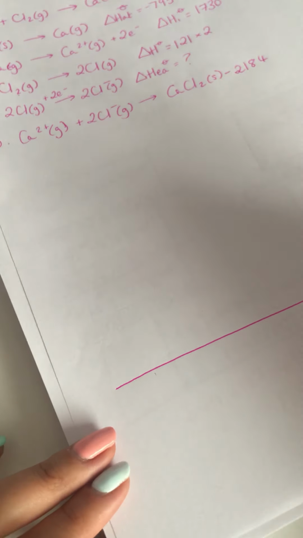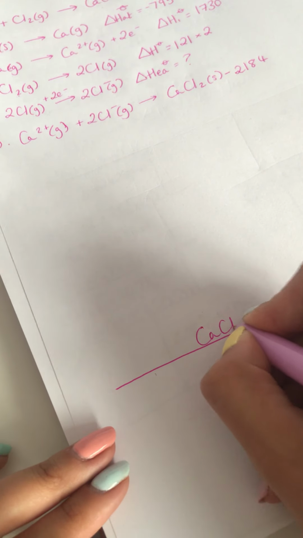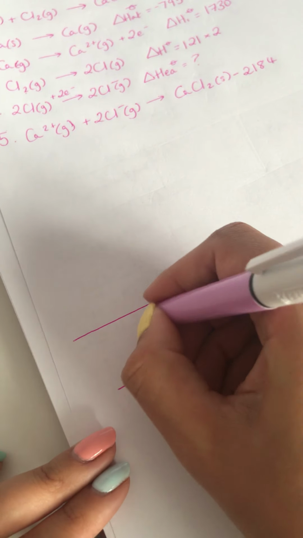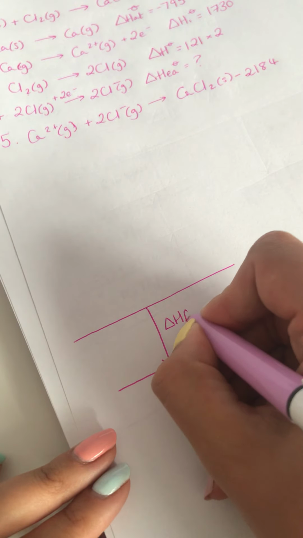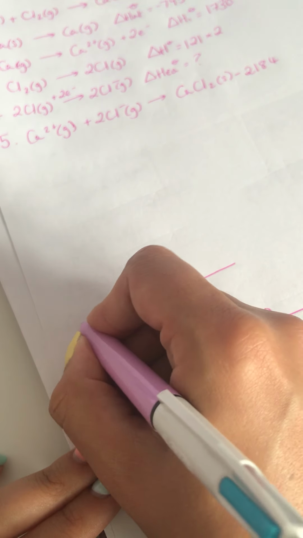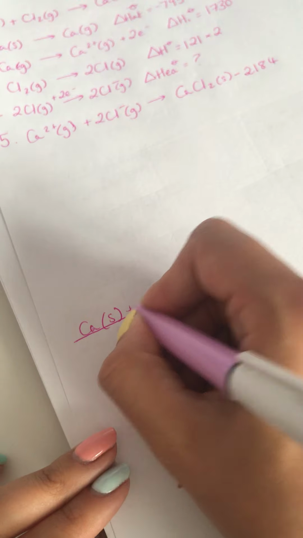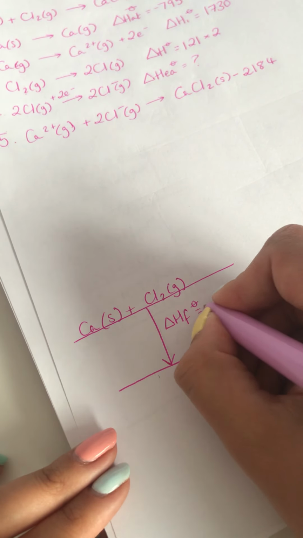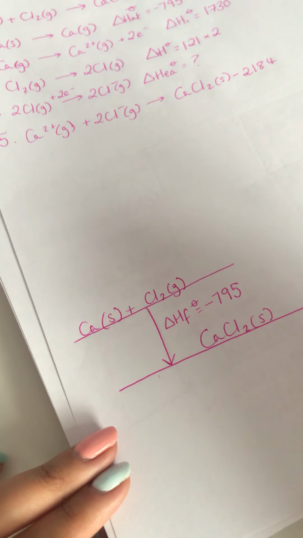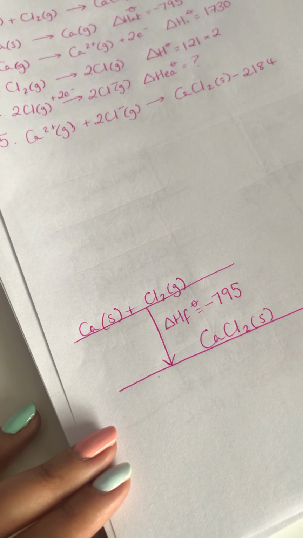I can start to now put together my Haber cycle. So across the bottom, I'm going to have my product, which is CaCl2. I've then got my enthalpy of formation. So I've gone from calcium as a solid plus chlorine as a gas, which has an enthalpy of formation of minus 795, making sure my arrows are pointing in the right direction.